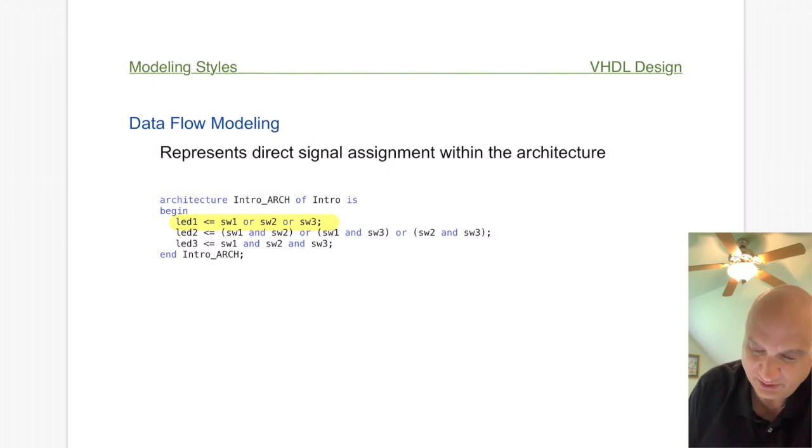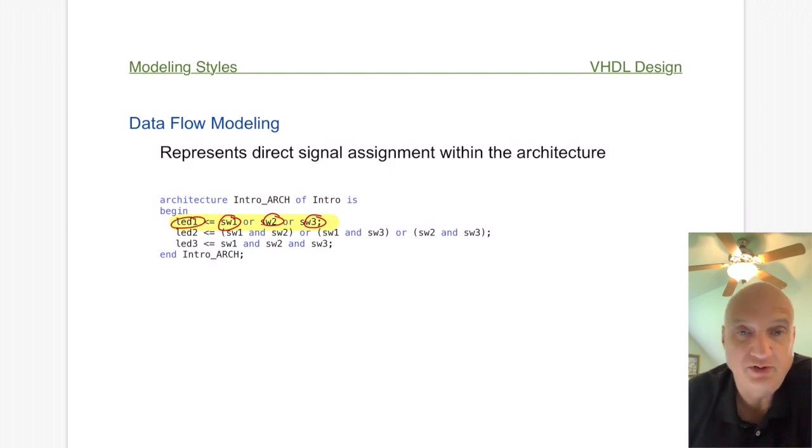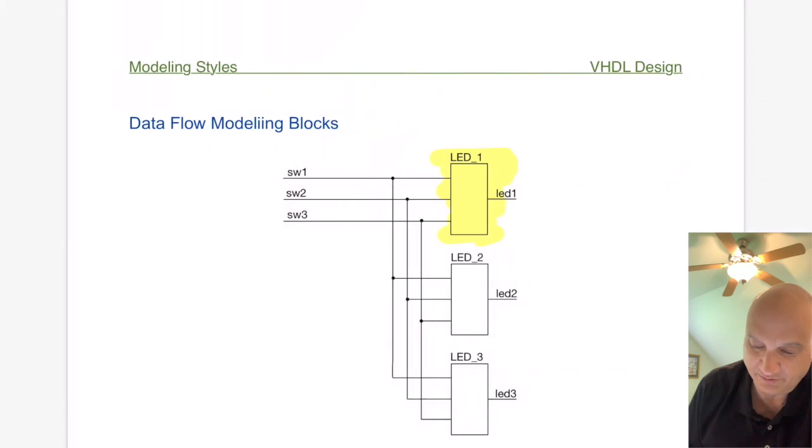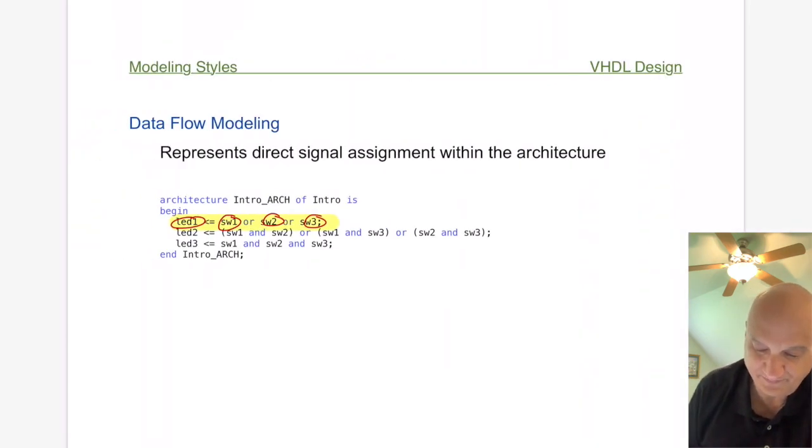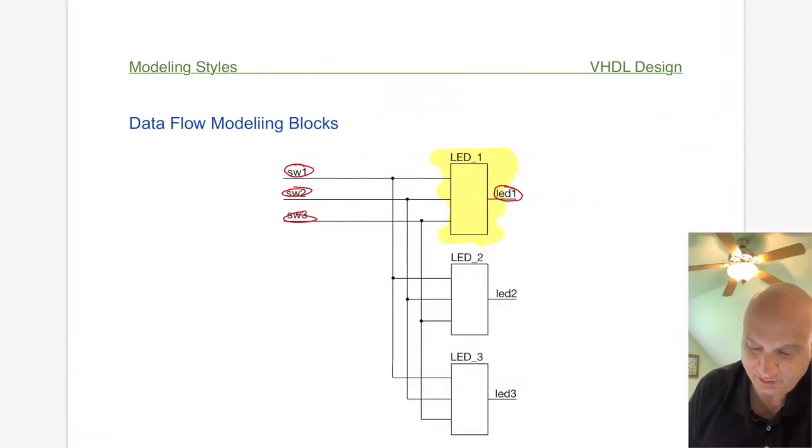In this case, we can talk about switch 1, switch 2, and switch 3 being the inputs, and LED 1 being the output. So back over here, we have switch 1, switch 2, and switch 3, the inputs, and LED 1 is the output. We have 3 statements. We have 3 boxes.